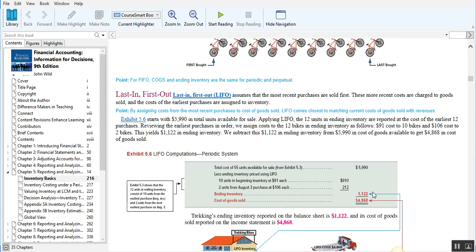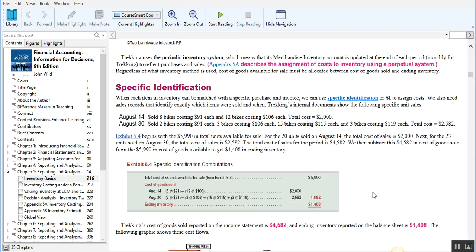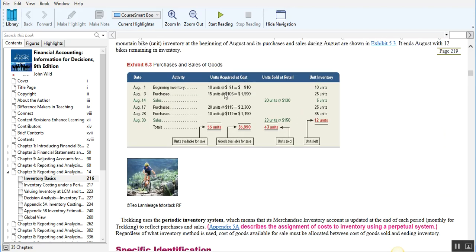Last in, first out assumes that the last items you purchased are the first items you sold. So with this, instead of going from the bottom up, you're going to start from the top down to calculate ending inventory. So with LIFO, you're going to go back up here to this model.